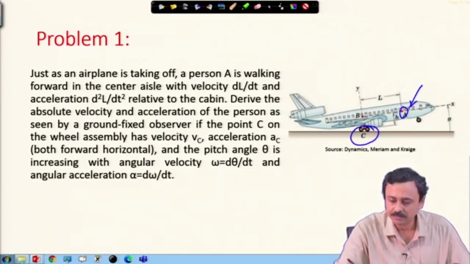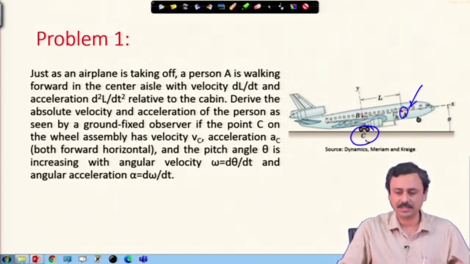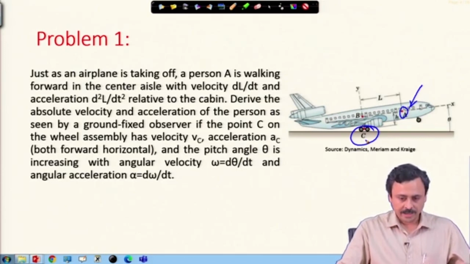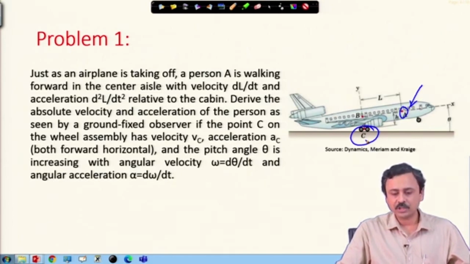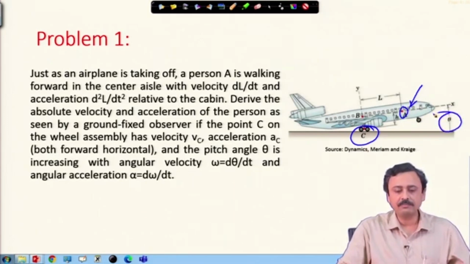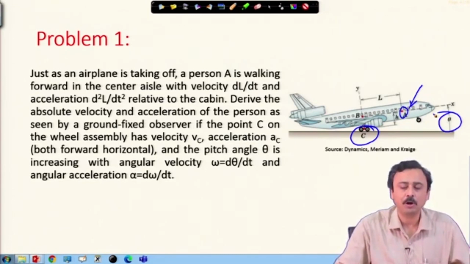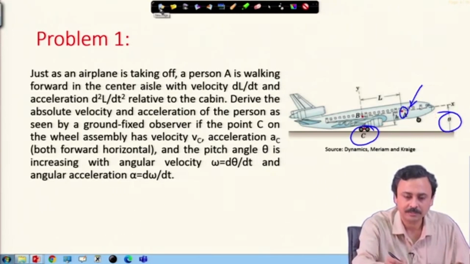You can find C at the center of the wheel assembly, that red dot at the center of the wheel assembly, that is C. So, the point C on the wheel assembly has velocity Vc and acceleration AC, both in the forward horizontal direction, and pitch angle theta marked here is increasing with angular velocity omega, so d theta dt, and angular acceleration alpha, which is d omega dt. So, everything is there, all rates are present.